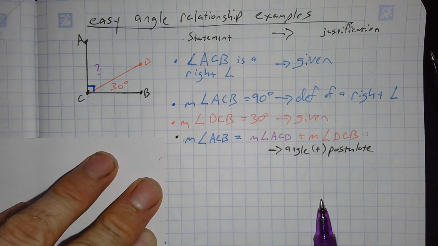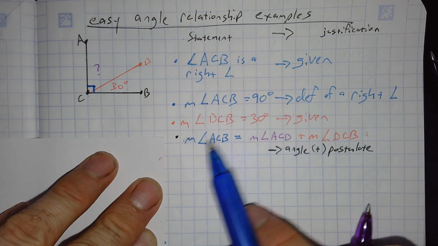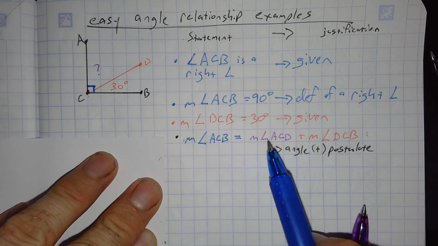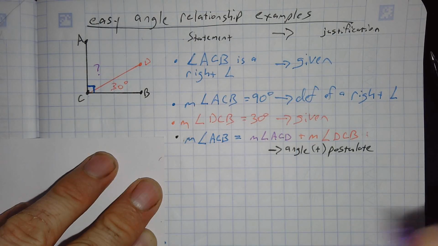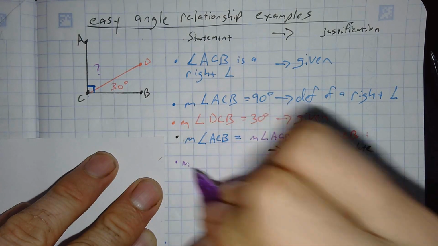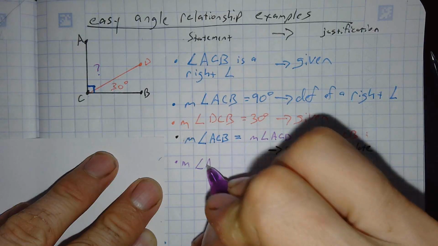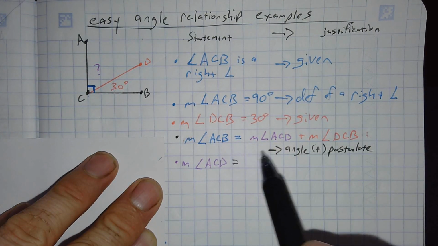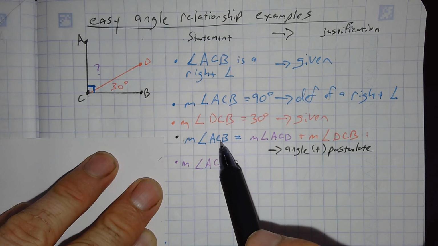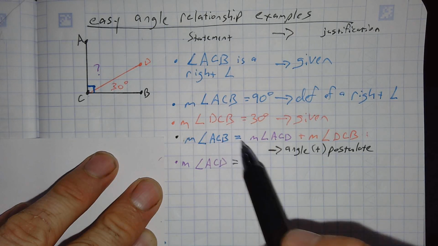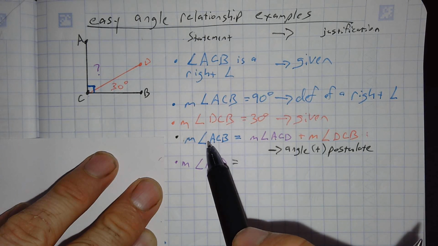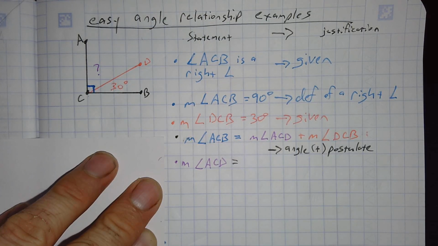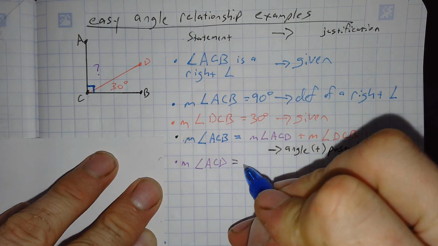All right, so I'm going to rearrange this algebraic equation to solve for my purple angle. So the measure of angle ACD equals the measure of angle ACB minus the measure of angle DCB. We bring the red angle over to that side, so the blue angle stays.